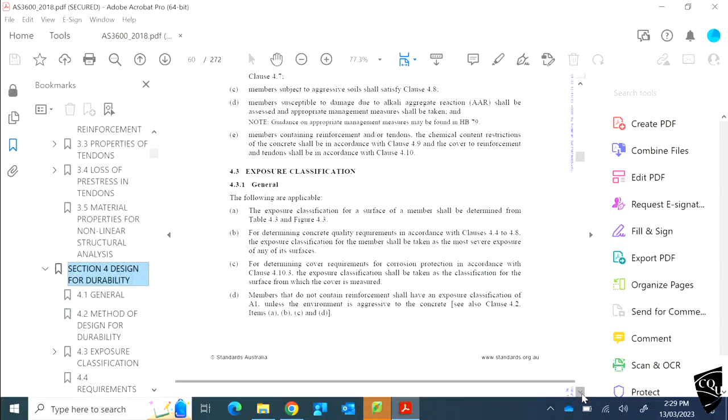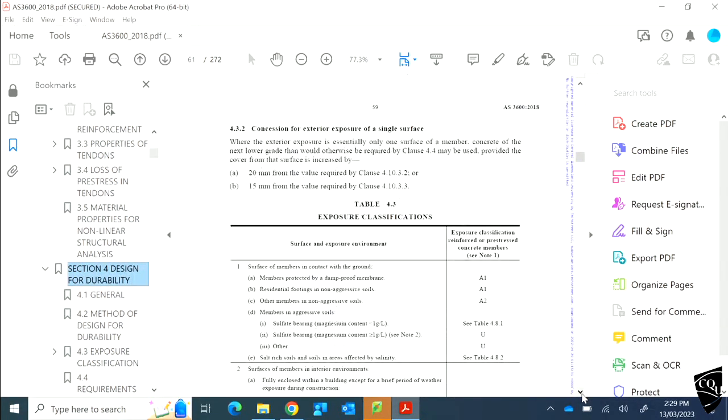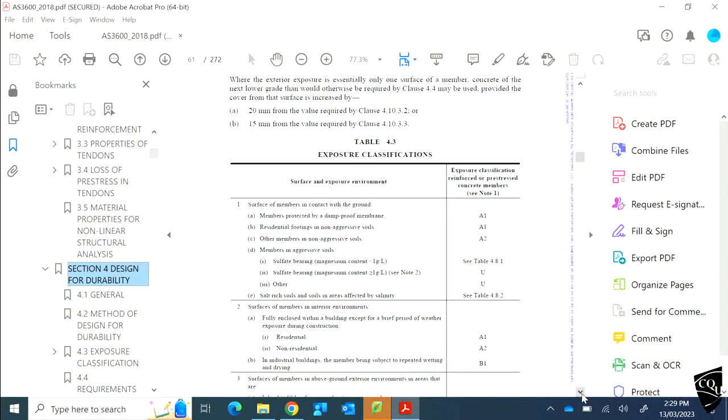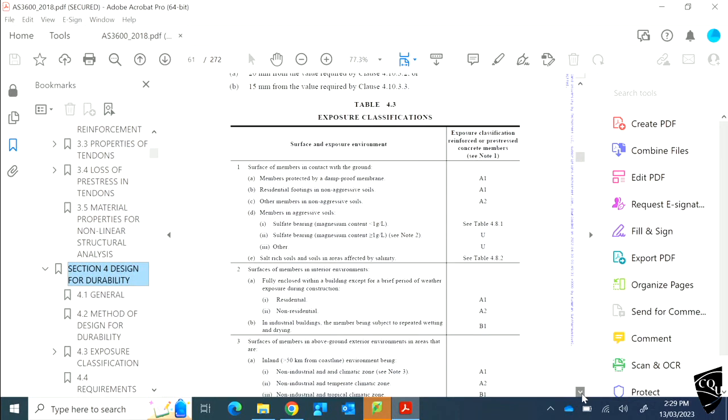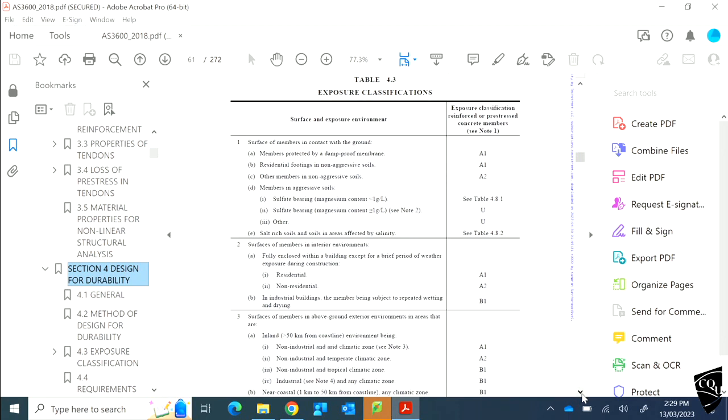Here they give some exposure classification based on the environment.